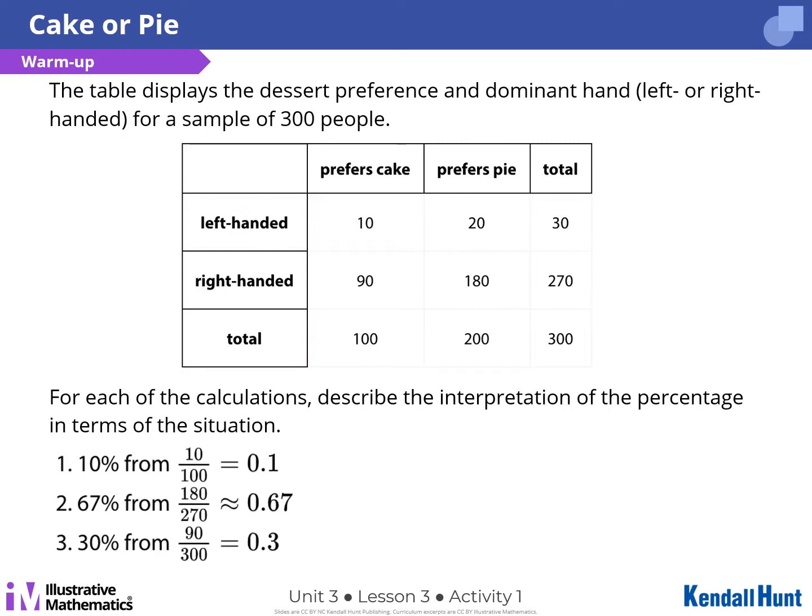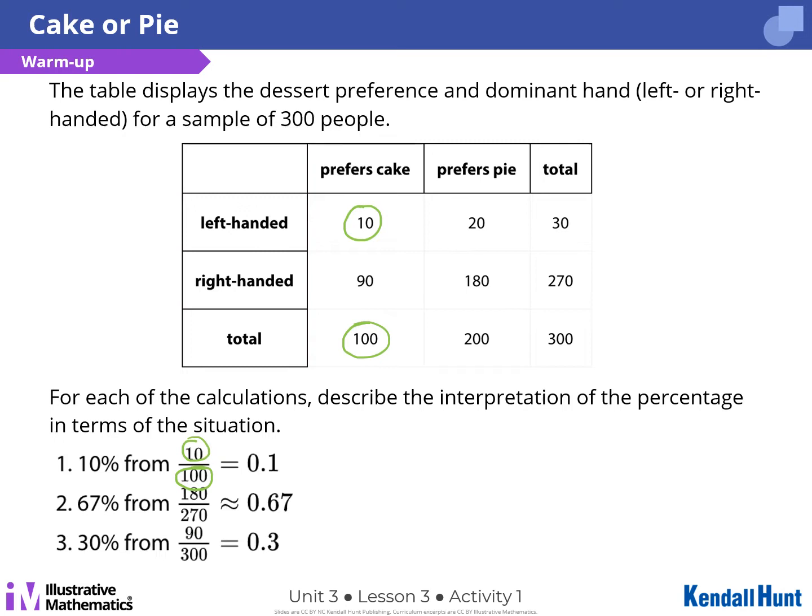So let's look at our numbers. We have 10% that we get by using the 10 and the 100. Let's find those in our table. The 10 is here at the intersection of our left-handed people and preferring cake. The 100 is the column total under prefers cake.